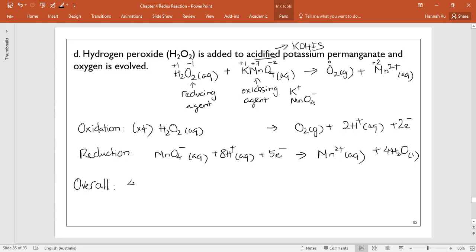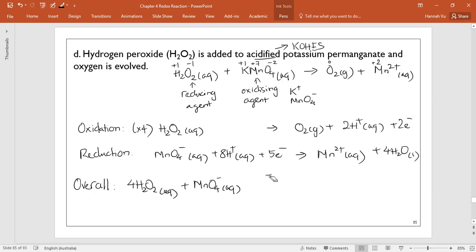So we'll have 4H2O2 aqueous plus MnO4- and 8H+. It's going to go to 4O2. Oh, I was being silly. I shouldn't have done that.